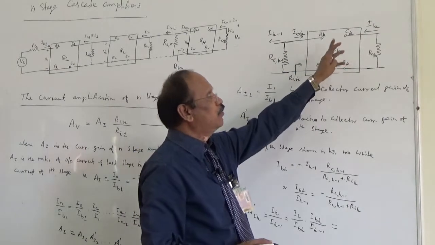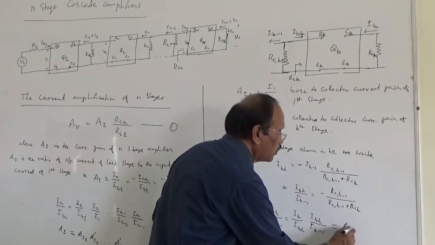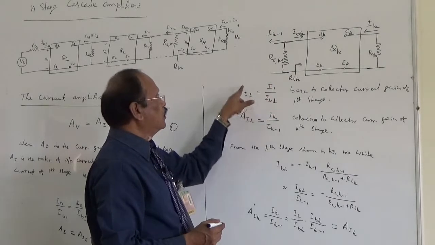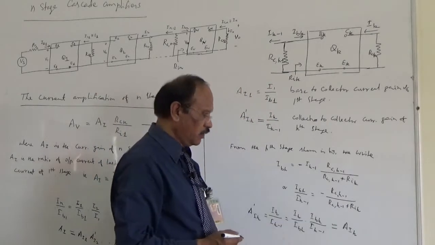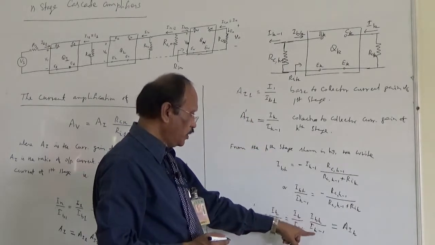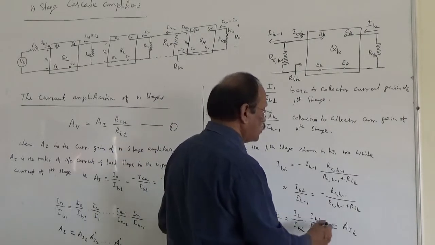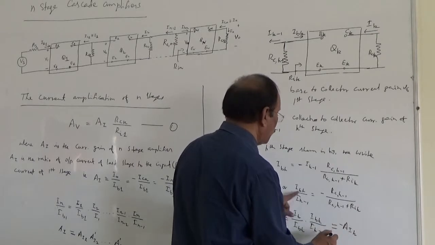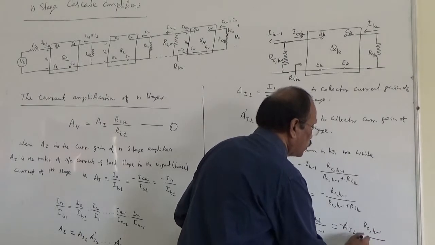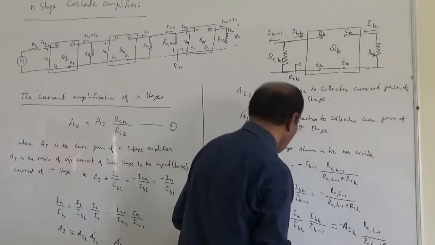So this will give the base to collector current gain of the kth stage, or I can represent it as AIK. Whenever we take the base to collector gain, we will simply write it without any apostrophe. For all other cases, we will put the apostrophe. So IBK by IK minus 1 we have already derived, of course with the minus sign, so we have to put here into RCK minus 1 divided by RCK minus 1 plus RAK.